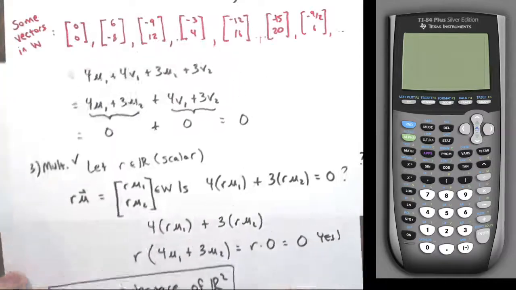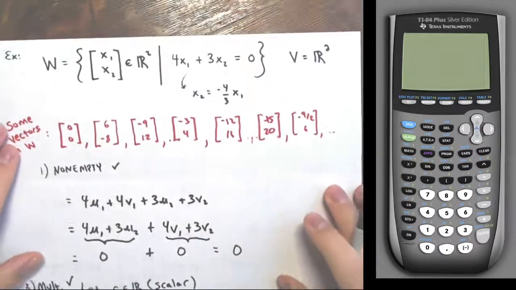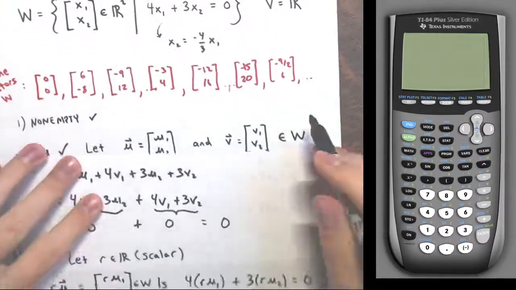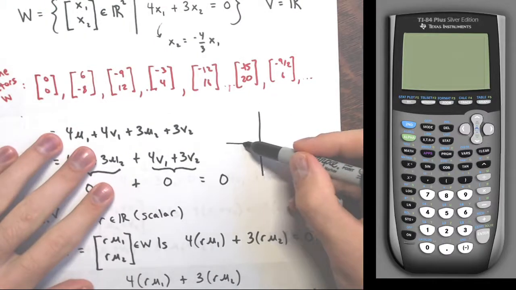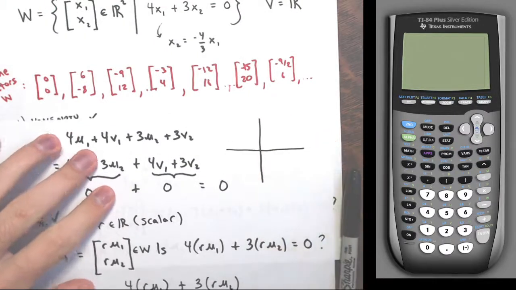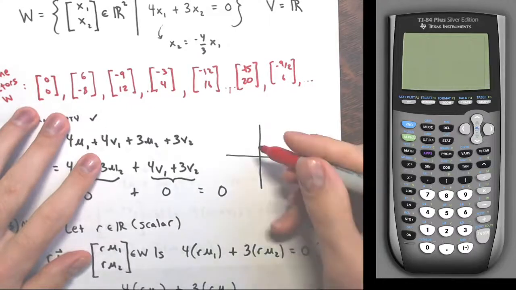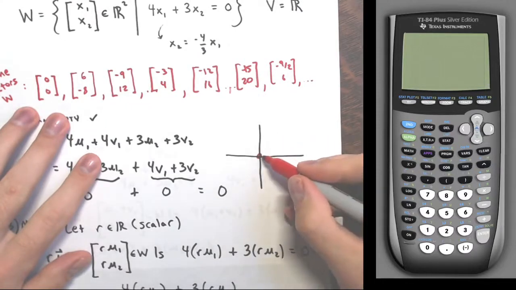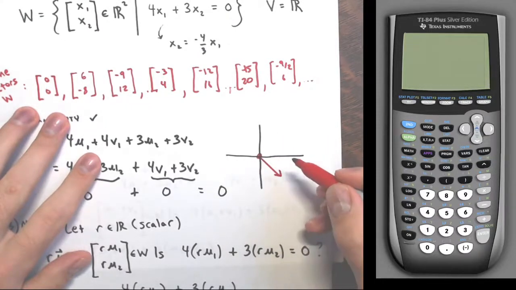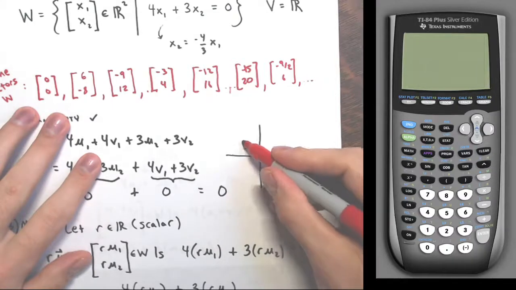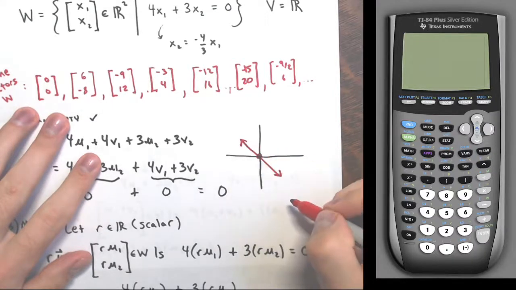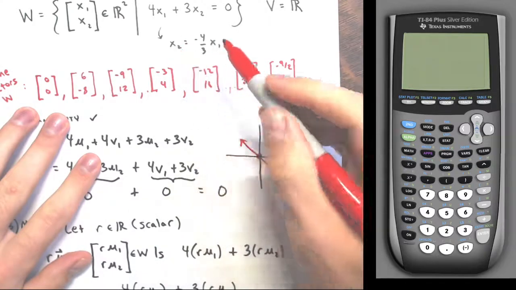And again, since it's R2, you could also do a little graphing. All right, here's a little XY plane, or x1, x2 plane. You got 0, 0. You'd have 6, -8, -9, 12. Again, I just know it's going to be a line. Look at the equation here. This is a line through the origin.